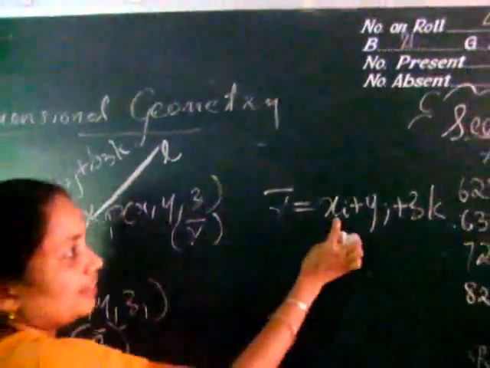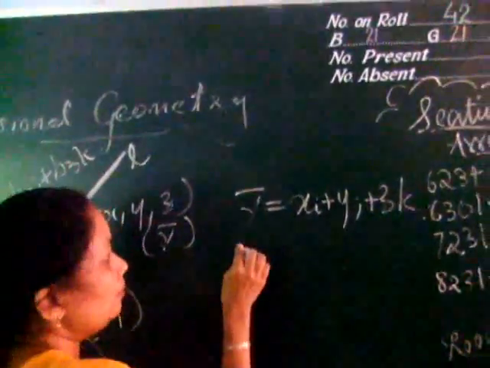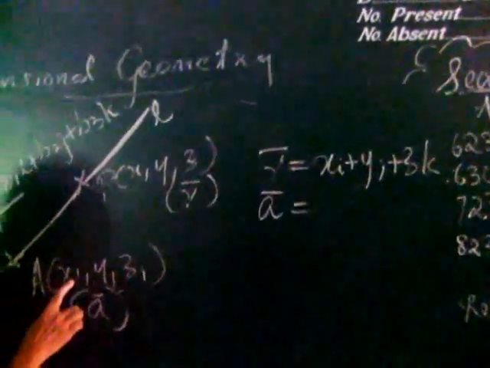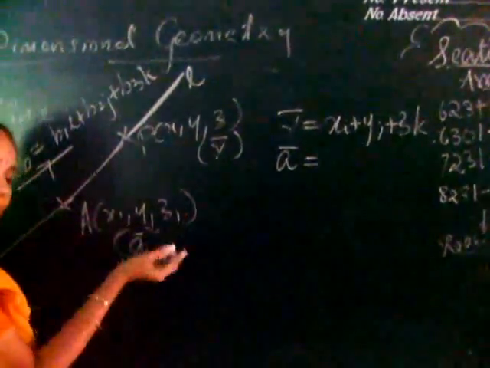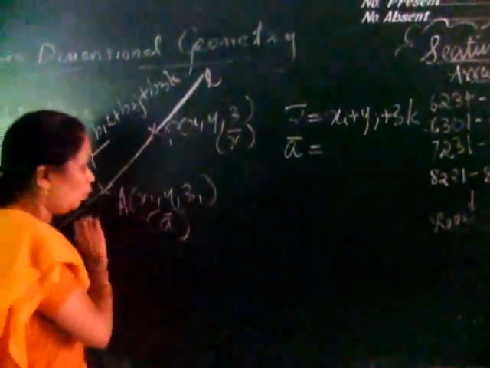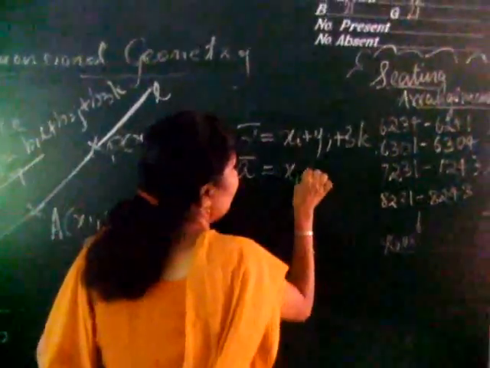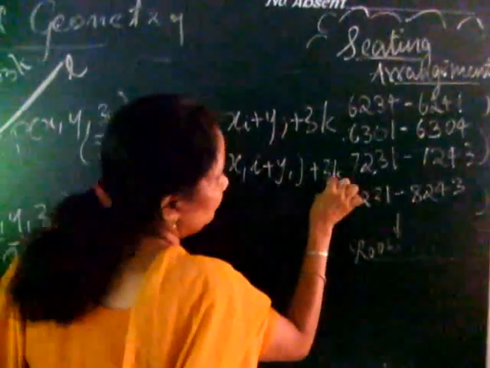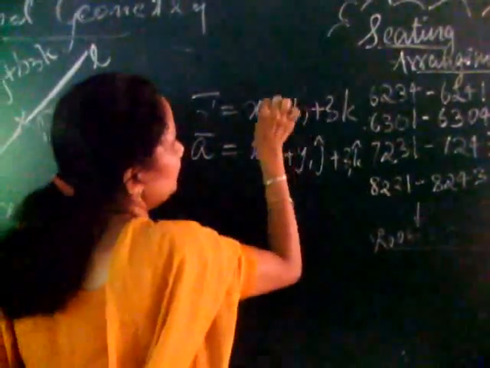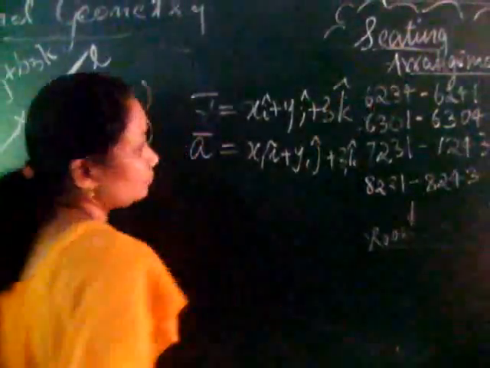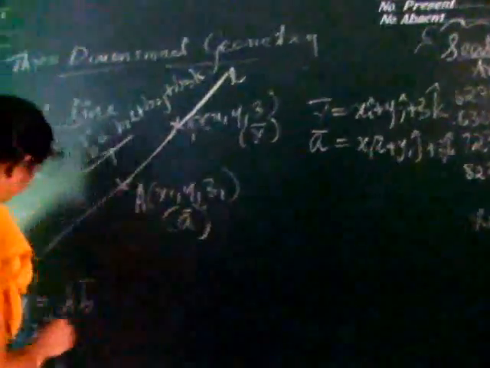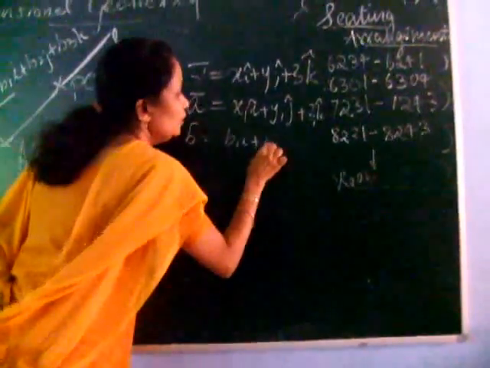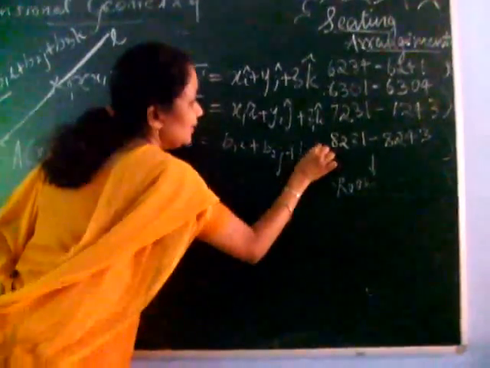So OP is xi plus yj plus zk. Similarly, the position vector of the point A, since the coordinates are given as x1, y1, z1, is OA equal to x1i plus y1j plus z1k. Now, B is defined as b1i plus b2j plus b3k.